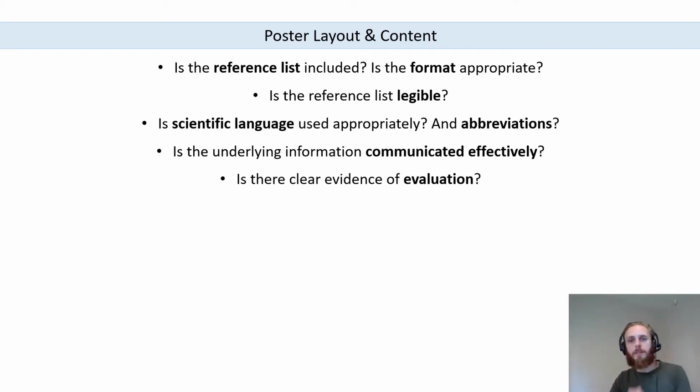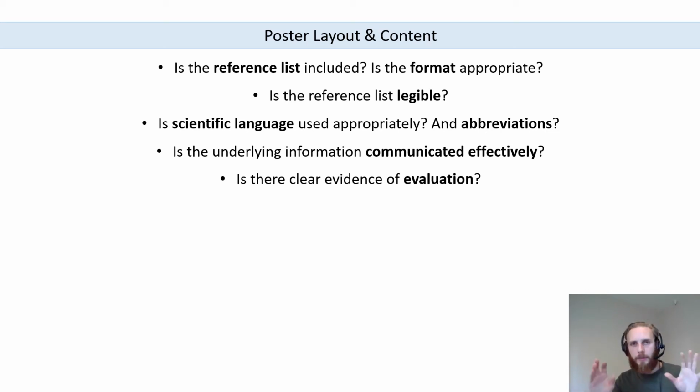Okay, is there evidence of evaluation? Evaluation is super important at level 6. I'm sure you've been told plenty of times by plenty of lecturers now. It's not just enough to be descriptive. It's not enough to describe information. So let's say you're at a point where you understand the infectious disease and you've communicated that understanding of the infectious disease and you've told me all about that infectious disease through the poster.